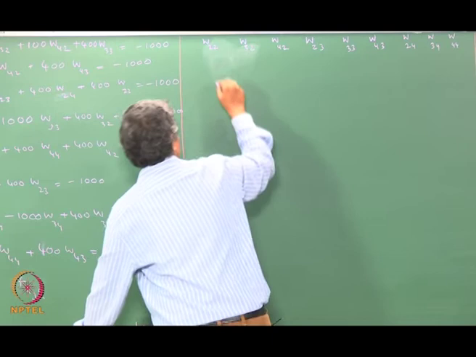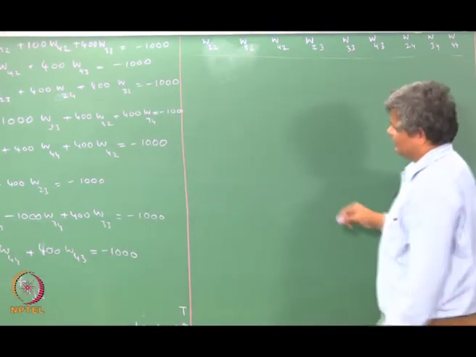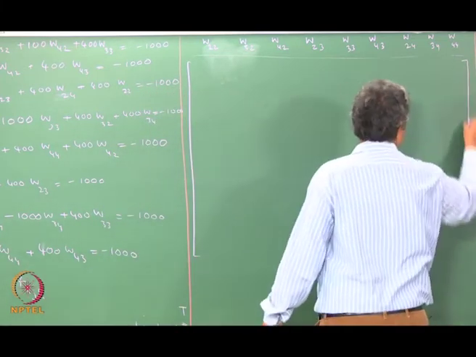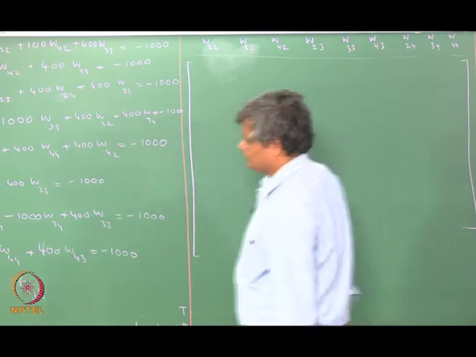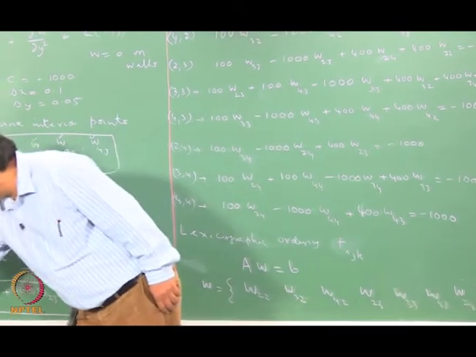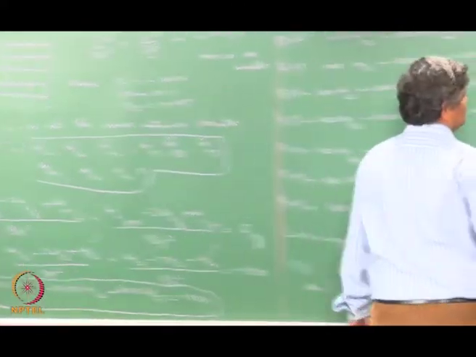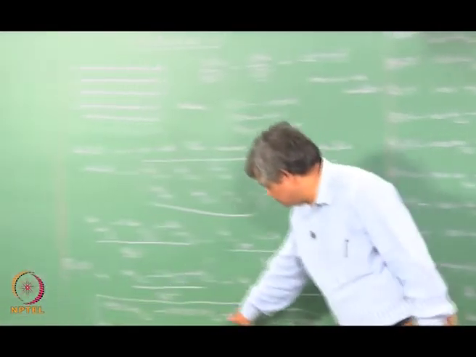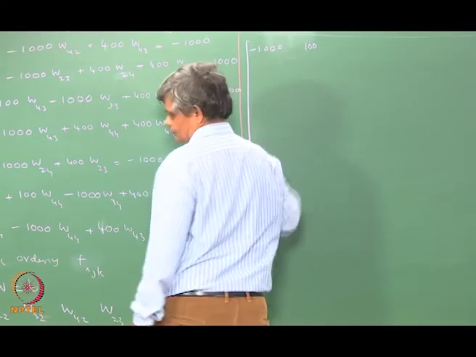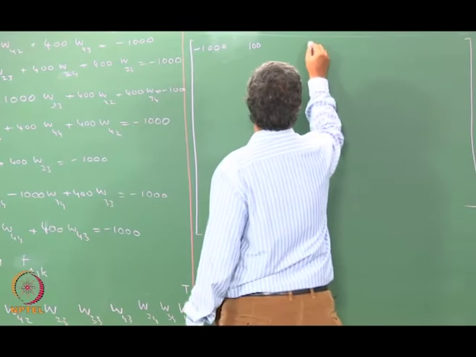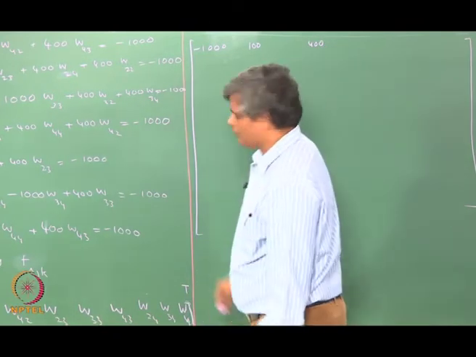This is just a mnemonic for us to understand. Our coefficient matrix is this, and when we look at the first equation, we see that it has 100 for W32, and for W22 we have minus 1000. So we put minus 1000, and W23 has 400 here, and all the others are 0.